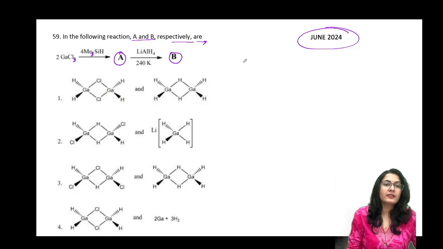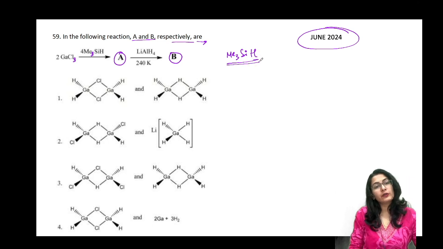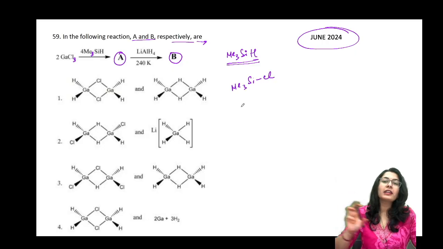All right. So what is happening in the presence of trimethylsilane? What is this molecule going to do? It is replacing the chlorines from the gallium compound and giving you hydrogen, and it is taking away the Cl. You know that silicon has a very high affinity for electronegative groups like oxygen, fluorine.